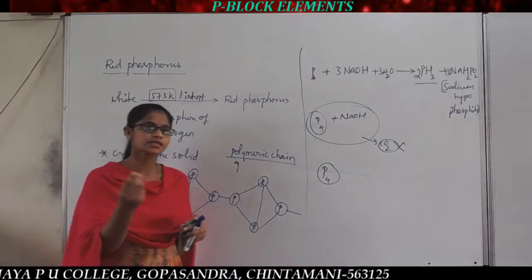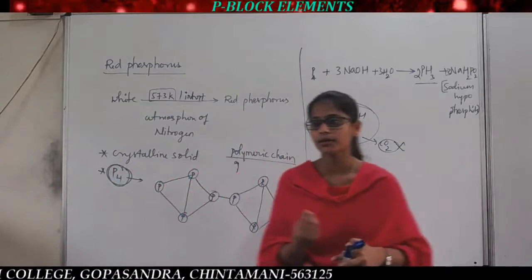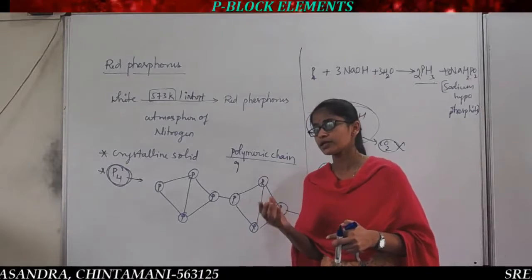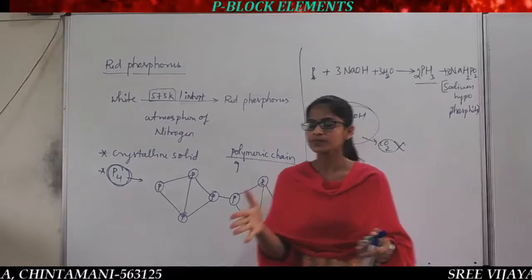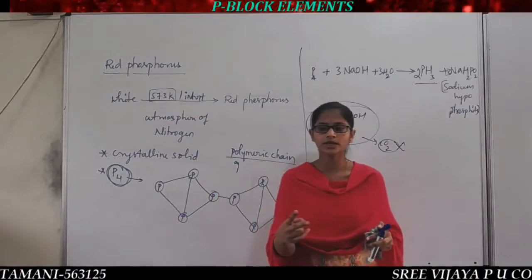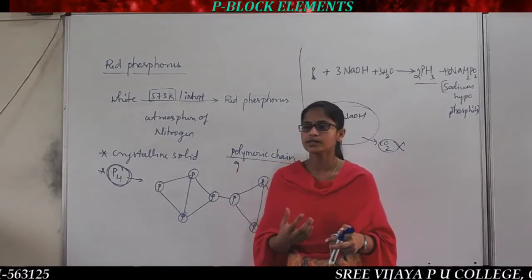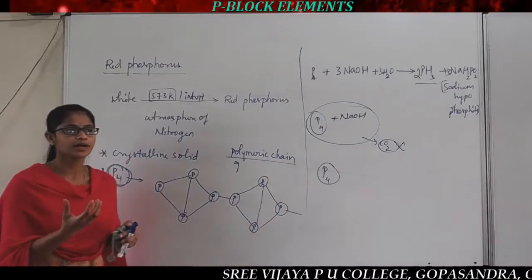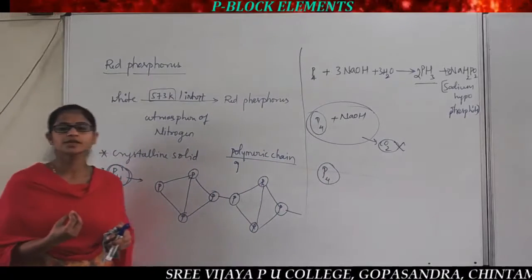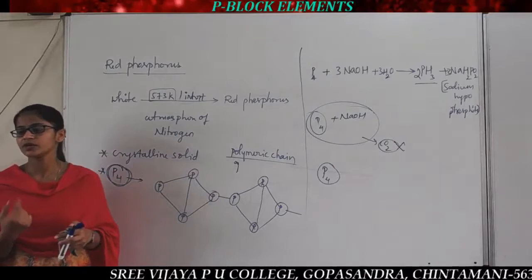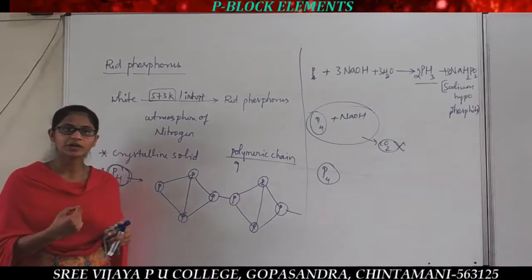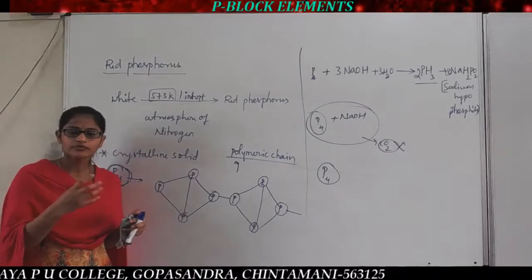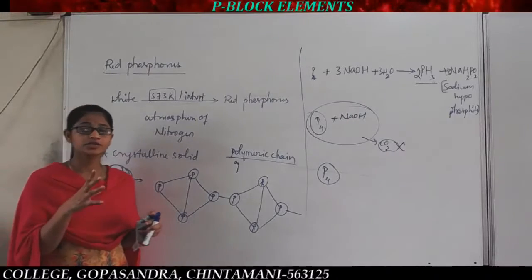Okay, the next form of phosphorus we call black phosphorus. This black phosphorus also exists in different forms, usually called alpha form and beta form. So based on temperature, we have to heat the white phosphorus or the red phosphorus, and we have to modify some conditions, reaction conditions, especially the temperature.